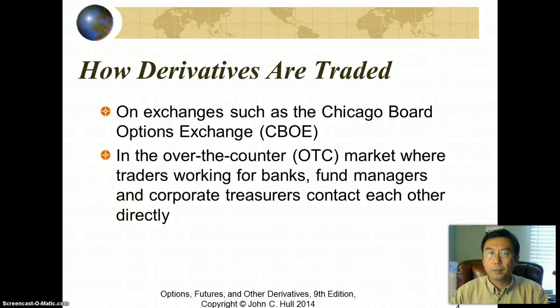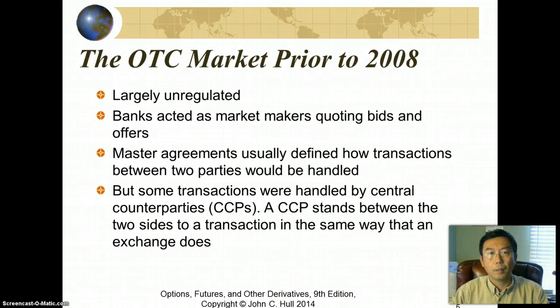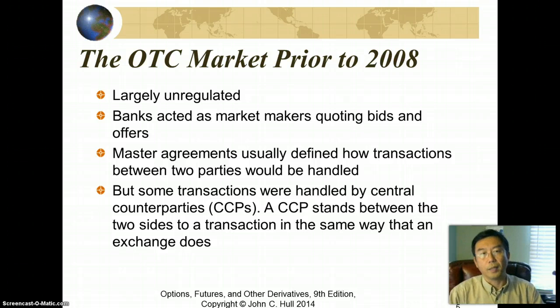Where are derivatives traded? Well, places like the Chicago Board Options Exchange, CBOE, trade derivatives. But most derivatives trade over the counter, OTC, where bank fund managers and corporate treasurers contact each other directly and set up the trade. These people are happy because the OTC market was unregulated before 2008.